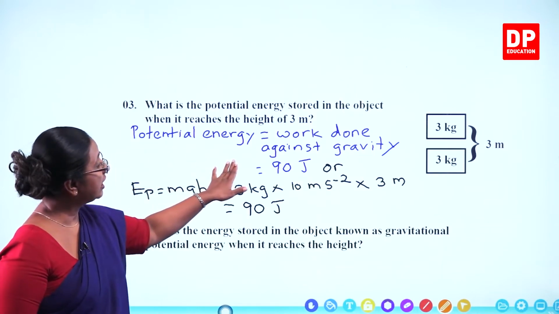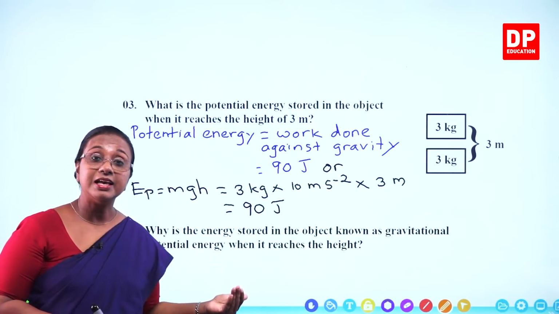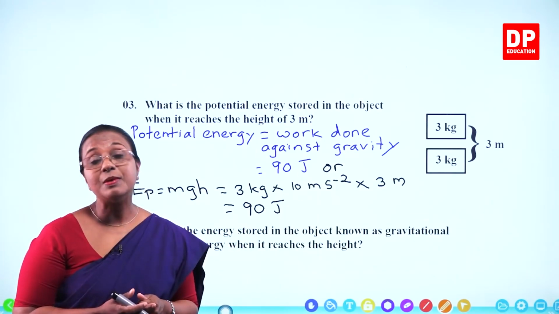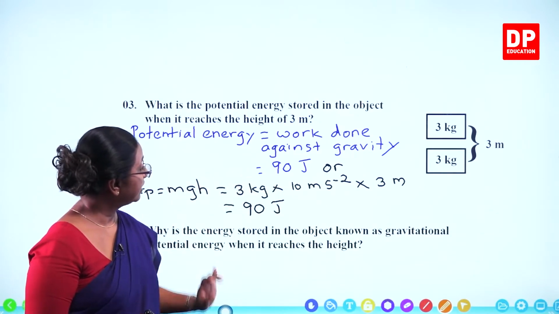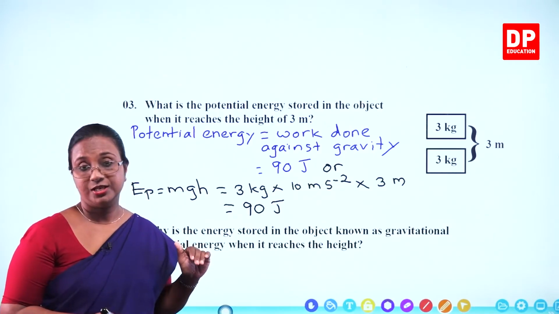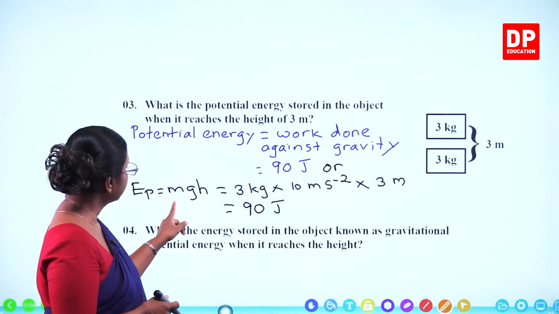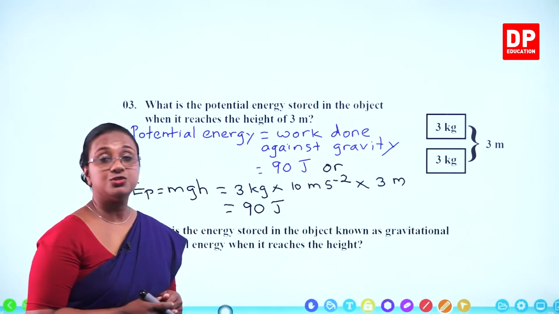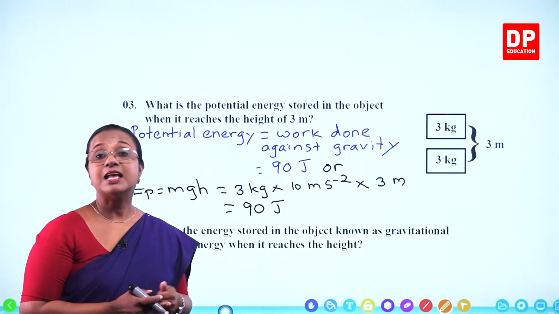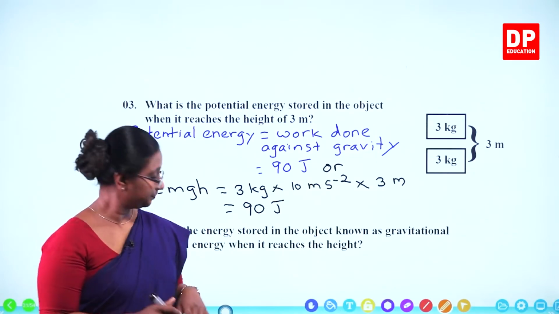Since we have already calculated, you can directly write this. The work done against gravity is equal to the gravitational potential energy gained by the object. So that is equal to 90 joules. Or else you know the equation. E potential is equal to mgh. Mass into gravitational acceleration into height. So 3 into 10 into 3. That is 90 joules. Either method is fine.